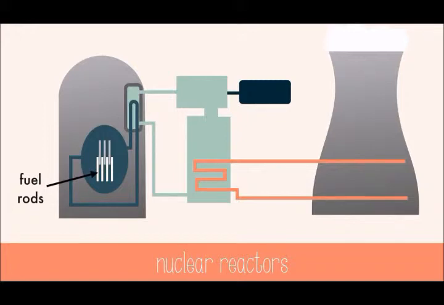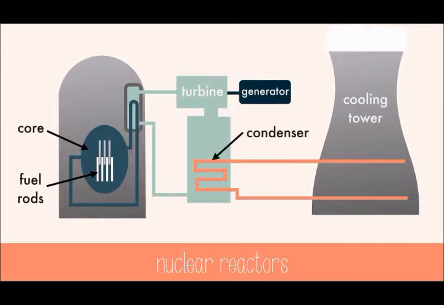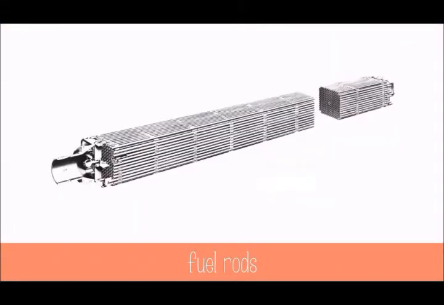The heat from the core is used to generate steam, which will drive the turbine that creates electricity in a generator. The large tower that you may see is actually just for cooling down and condensing the water so that it can be released into the system.